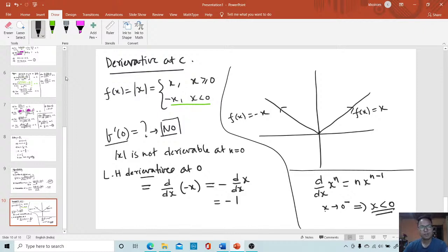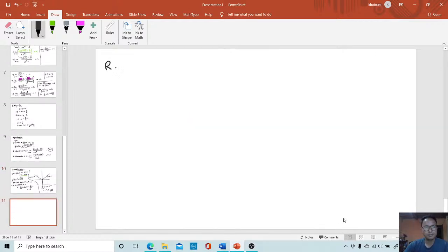Now similarly, the right hand derivative. How about the right hand derivative?